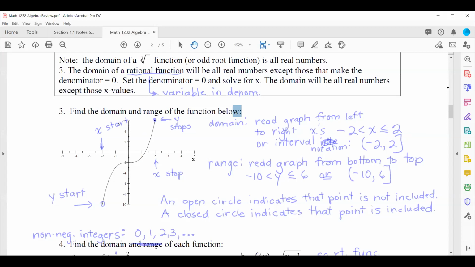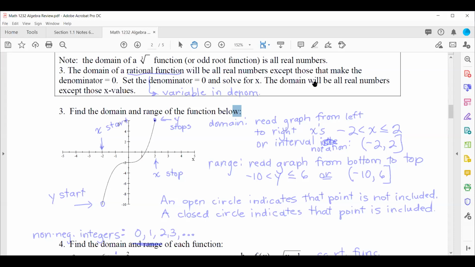In fact, it's probably the hardest case of everything we do. The reason for that is, if you remember, division by 0 is undefined. So we're always watching out for numbers that might cause that to happen.